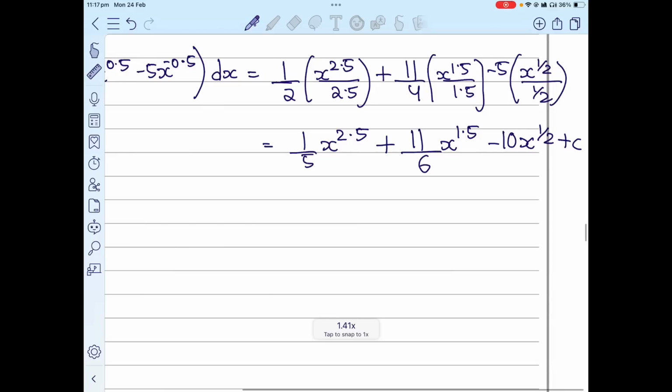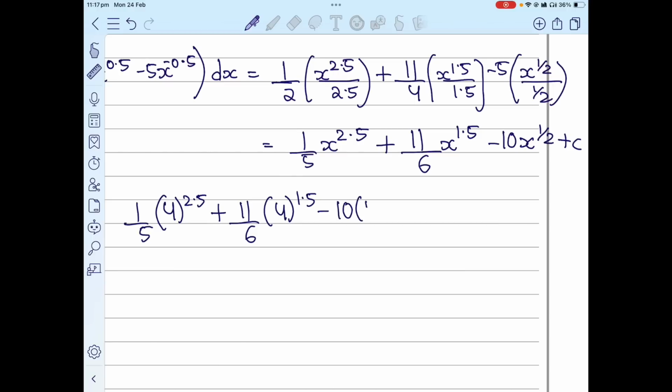So I'm going to do 1 over 5 into 4 raised to 2.5 plus 11 over 6 into 4 raised to 1.5 minus 10 into 4 raised to half plus a constant c, which is equivalent to negative 5.